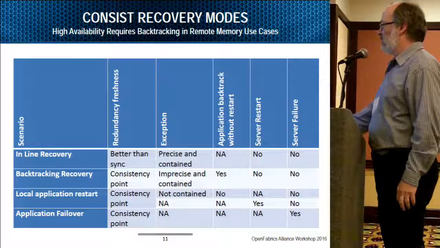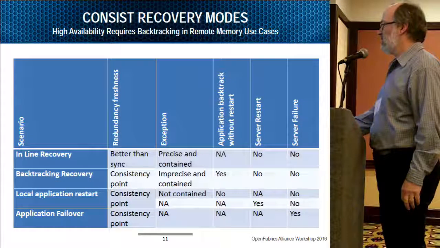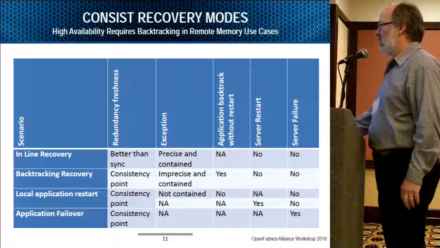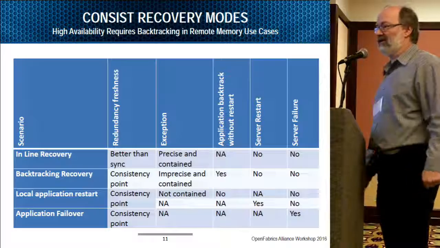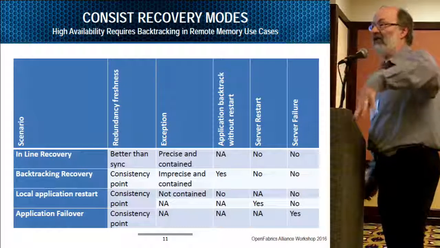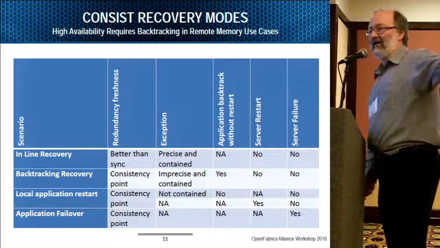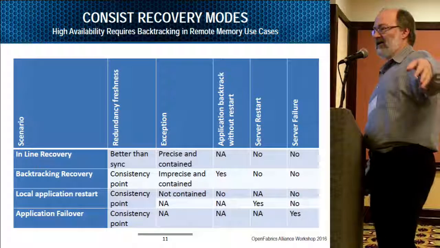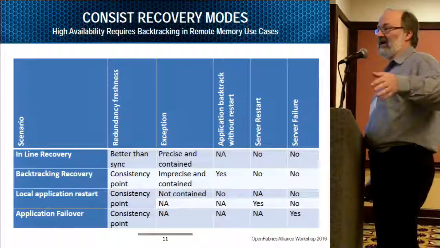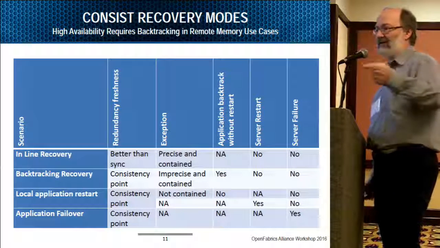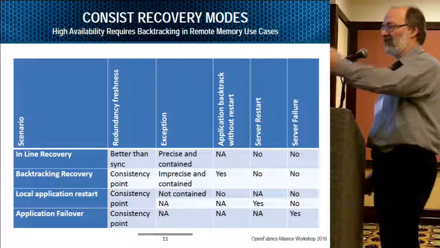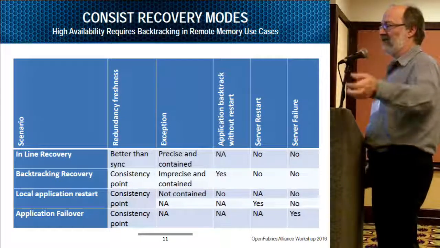Down from that is what I would call backtracking recovery. This you'd picture as rolling back transactions to a consistency point and resuming execution from there. You need a consistency point, and you need an application that can do that and resume from a known consistency point that is hopefully very recent.